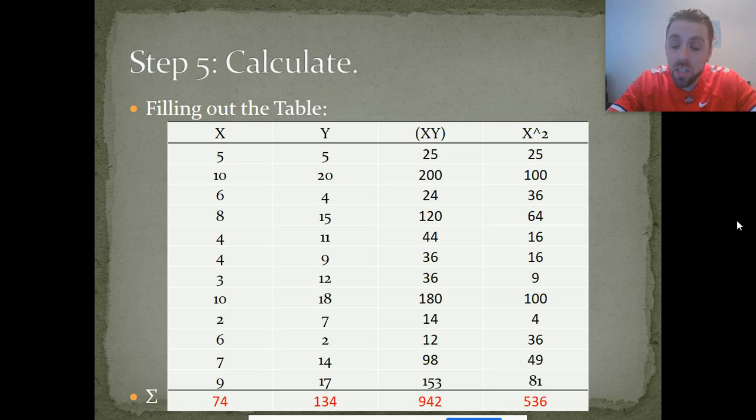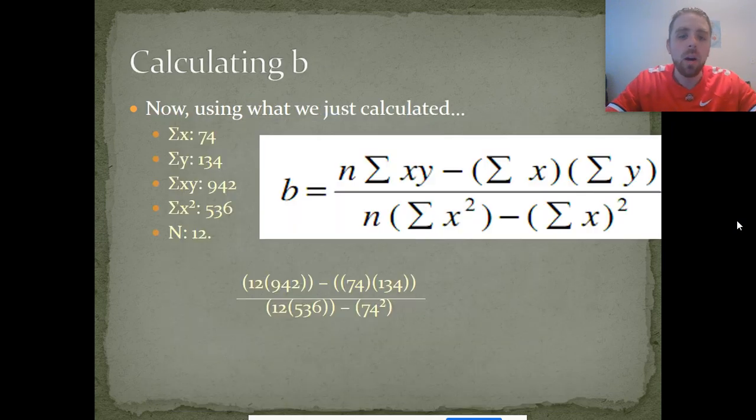Okay. Assuming you have these answers here, let's move on and calculate B and A. B first. So using what we just calculated, again, the summation of x is 74, summation of y is 134, summation of xy is 942, summation of x squared is 536, and n is 12. So let's plug this in.